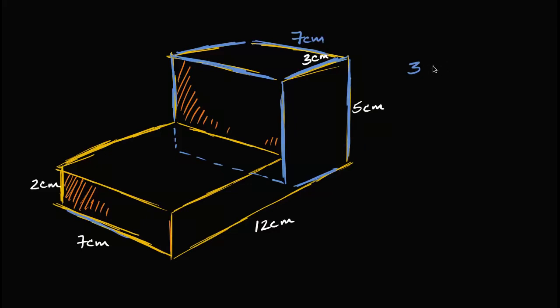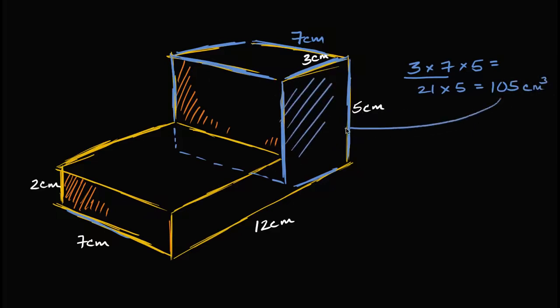So the width times the length times the height, it's 5 centimeters, so 3 times 7 is 21, times 5 is equal to, 20 times 5 is 100, 1 times 5 is 5, so it's going to be 105, and we could say 105 cubic centimeters, because you have centimeters times centimeters times centimeters. So this blue rectangular prism has a volume of 105 cubic centimeters.